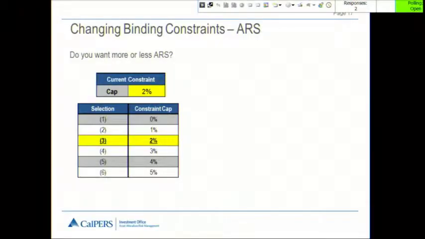Okay, let's go to our last category, ARS, one of our favorite topics of discussion. Are there comments or questions before we obtain your indication on this? This is basically a fixed number.